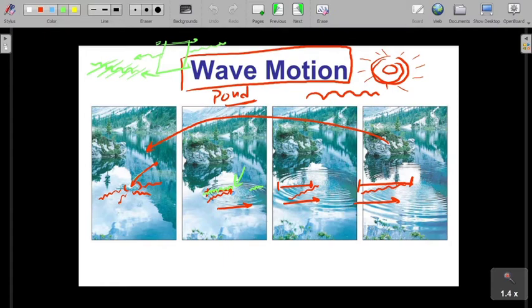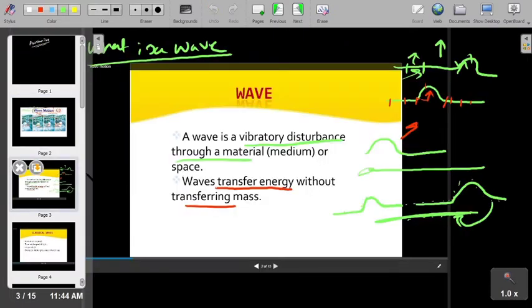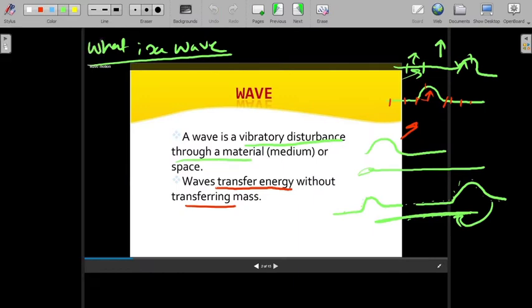First we throw a stone, then this wave happens, and this wave spreads a lot, then after some time it goes back to this position. So what is happening here is the transfer of energy without transferring matter. You can see that there is nothing changing in the mass of the material.